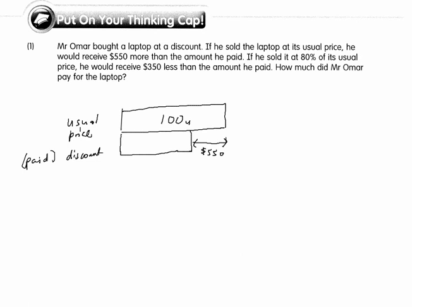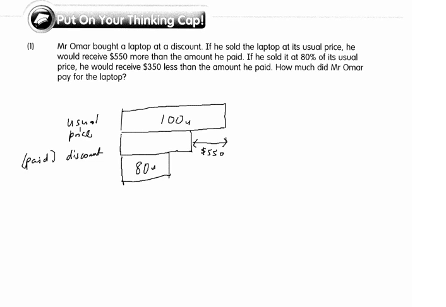So how do I draw a model here? If he sold it at 80% of usual price, sorry, it's not drawn to scale. 80% means 80 units, right? Because usual price is 100 units, 80% is 80 units, right?